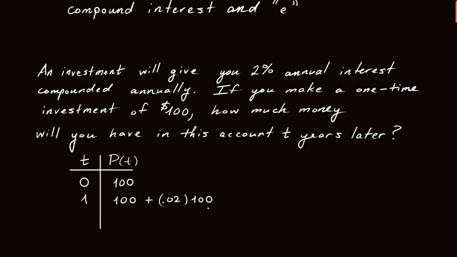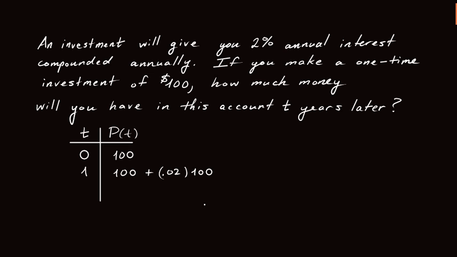This second part represents the interest we gained. So that's the same as 100 times 1 plus 0.02, because I used the distributive property.